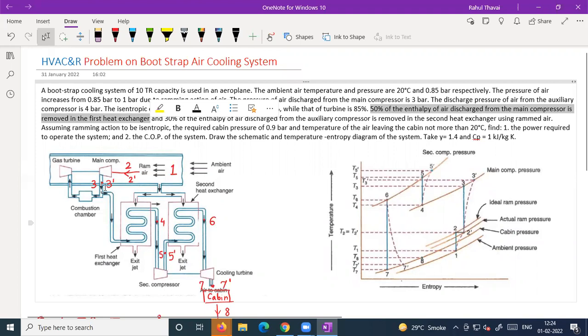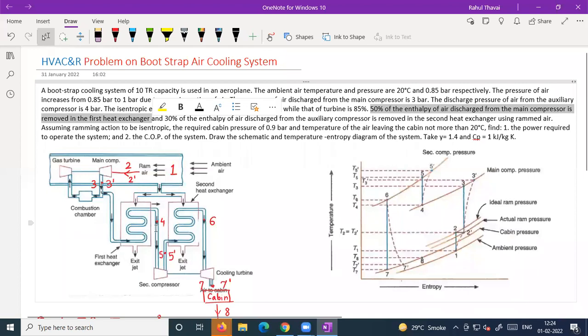Try to understand. You will get the enthalpy at point number 4, which is 50%, because 50% gets removed in the first heat exchanger. So if 50% is removed, how much is remaining? Only 50% is remaining. What is the enthalpy at point number 3? It is H3 dash.